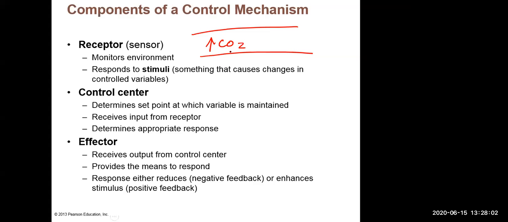Why? You're exercising. When you're exercising, the cells here, these are representing the cells near the blood vessel, produce more carbon dioxide and consume oxygen. So here you're going to have lower oxygen and higher carbon dioxide.